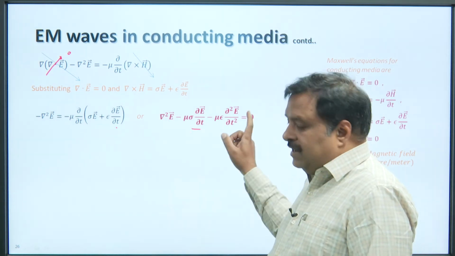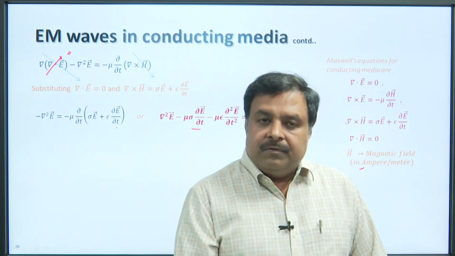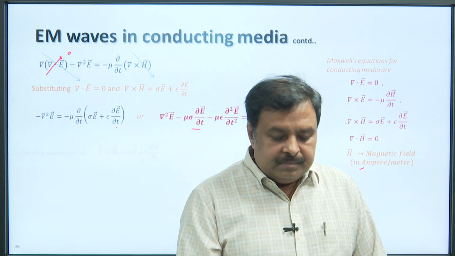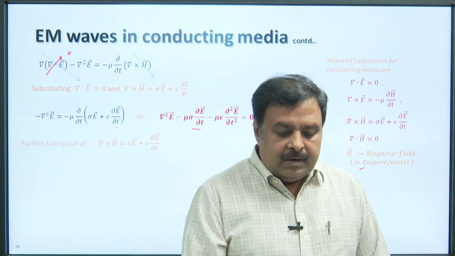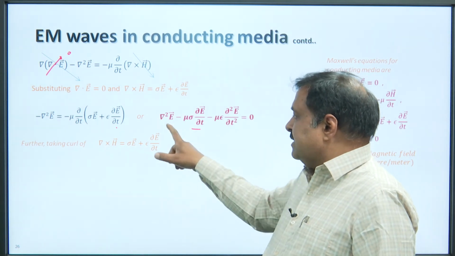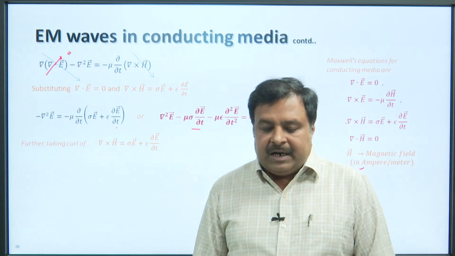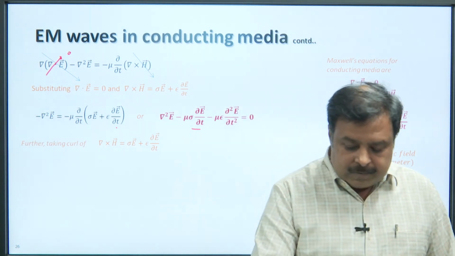This equation is still an equation of a wave. We will see later how. So, for electric field we have got this equation. Similarly, a similar equation we can get for magnetic field also.